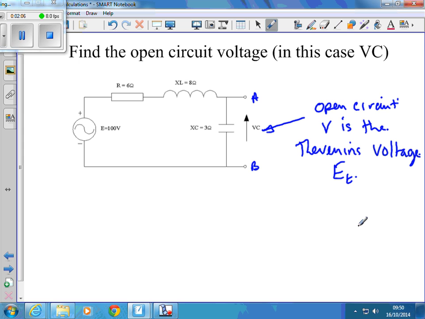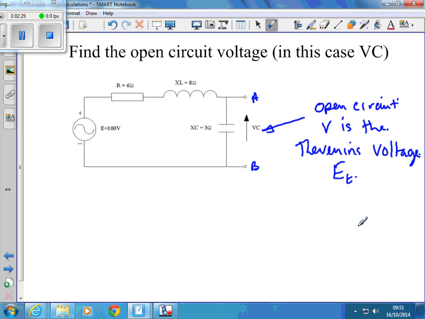So the first part of our calculation is all towards finding the open circuit voltage, which in this case is the voltage across the capacitor under open circuit conditions. Yes, we could find the voltage across R or the voltage across XL, but that's not what we need.